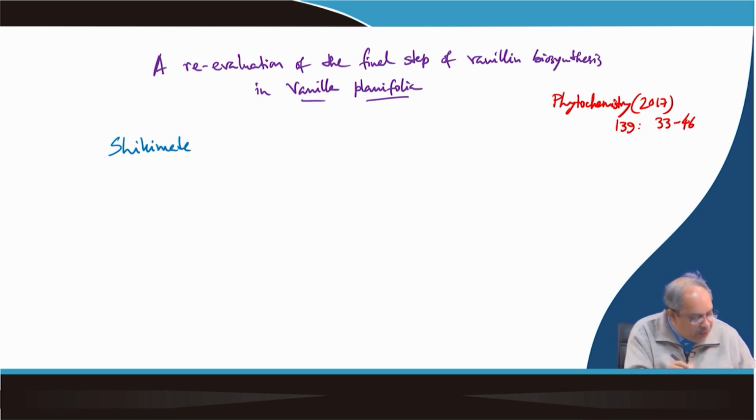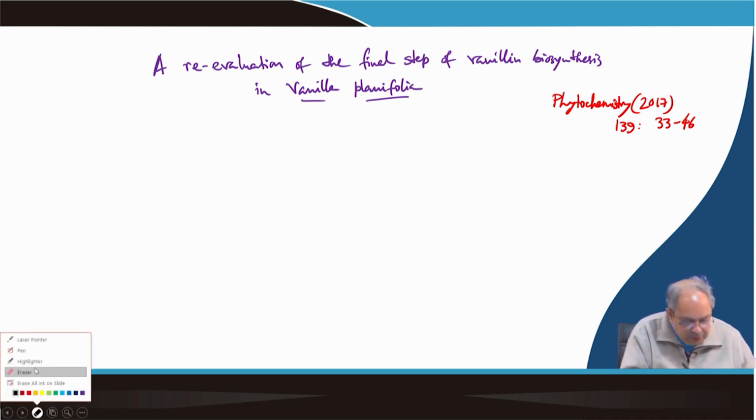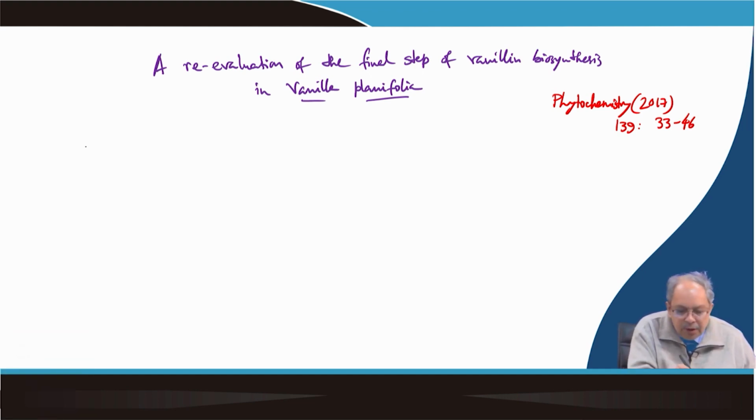It should be caffeoyl shikimate. Okay, we can start from a little earlier, so let us start from this point: para-coumaric acid, or 4-coumaric acid, it is the same.